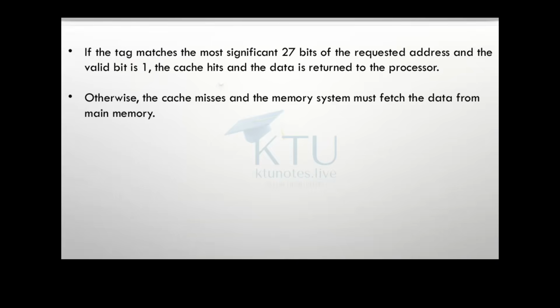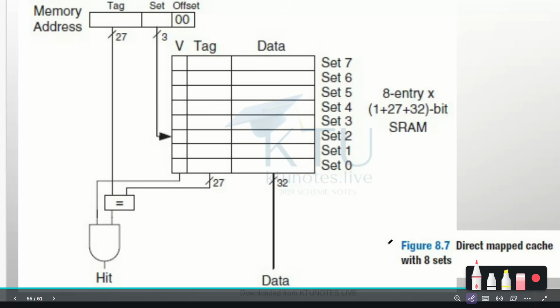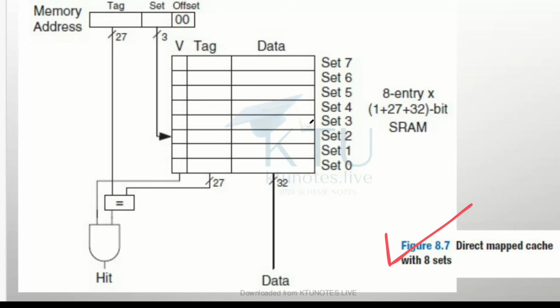So if you look at this image here, this is something which you have to learn how to draw. This is a direct mapped cache with 8 sets diagram. Here is our cache, which has set 0, set 1, set 2, set 3, set 4, set 5, set 6 and set 7. Each block has the data part, the tag part and the valid part.